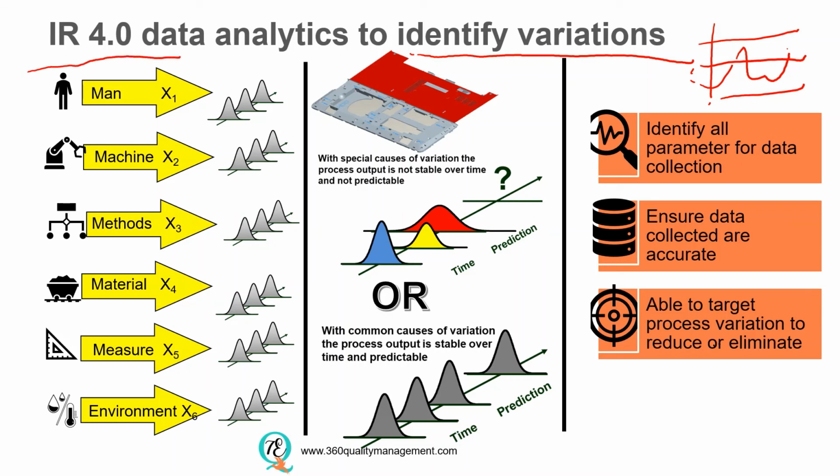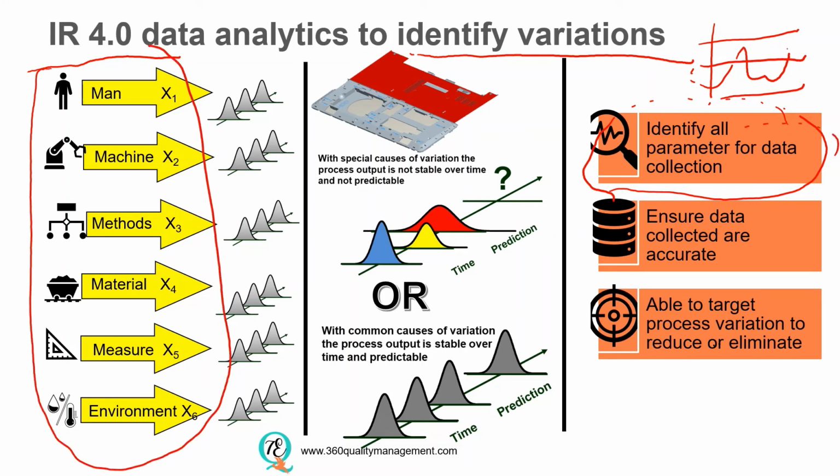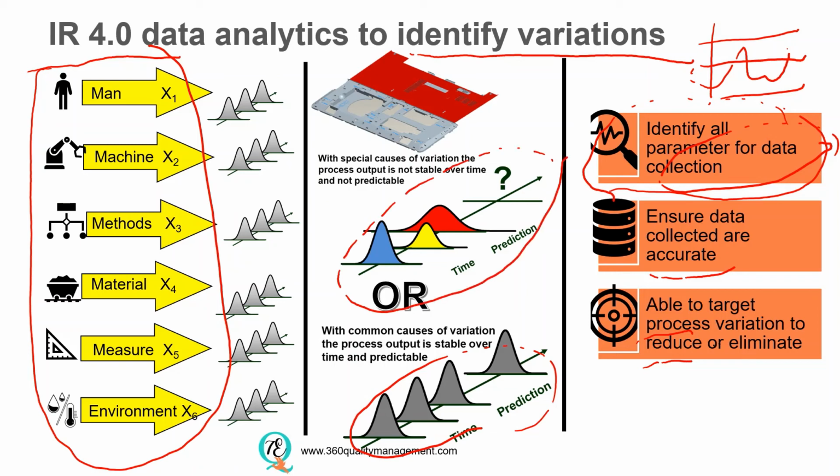Therefore, it is time for companies to work with experts in this field to ensure that the data infrastructure set up is able to identify all the critical parameters in the process input for data collection and ensure that data collected are accurate and also able to target the process variations either to reduce or to eliminate.